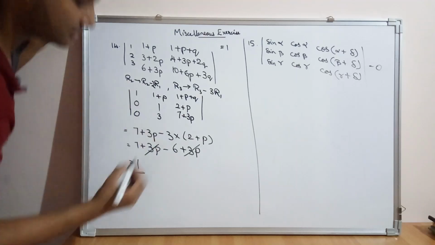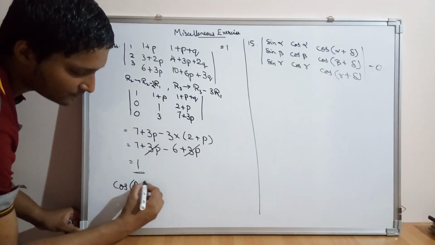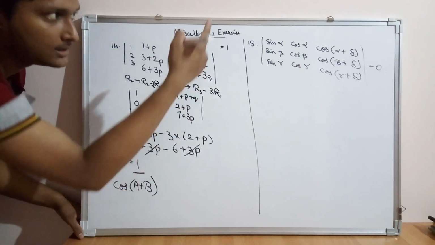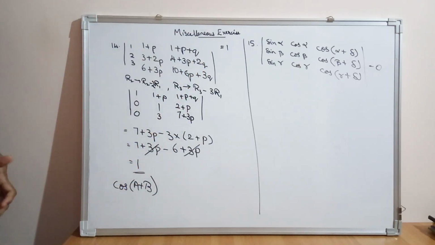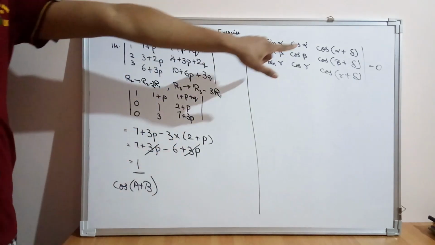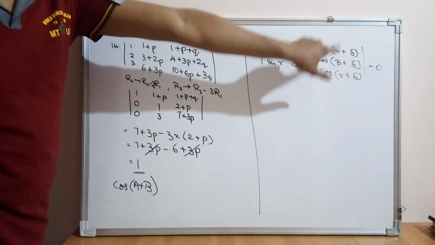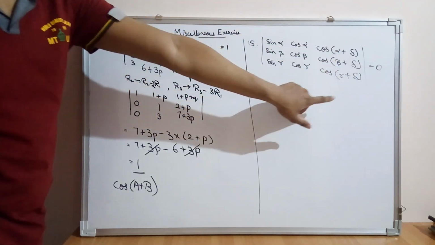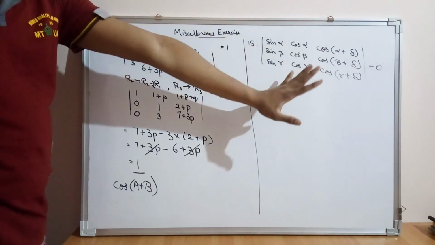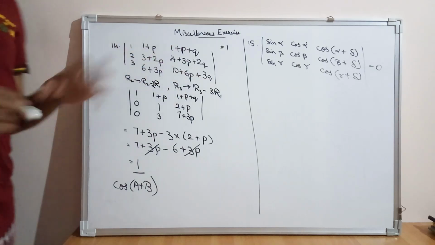I'll just show the expansion of cos of a plus b here. Because I have alpha plus delta over there, somehow I need to get that expansion instead of somehow I need to get 0. That means either all of the things present in one column are going to be equal to 0, or maybe 2 columns are going to be equal, or 2 rows, or something is going to happen.